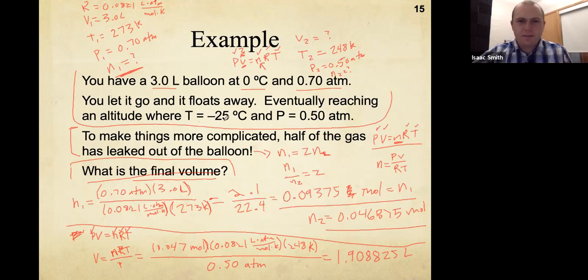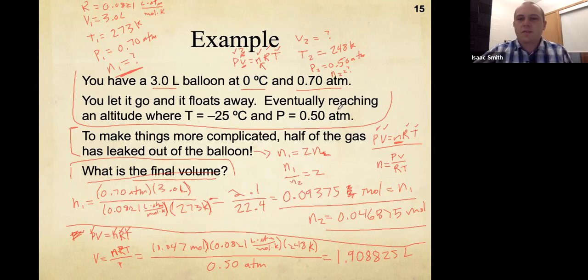Now I think we're limited by 2 sig figs here on all these. This one is reported in really 0 sig figs, but it's reported to the 1 decimal place. And then when you add the 273, you would have 3 sig figs.